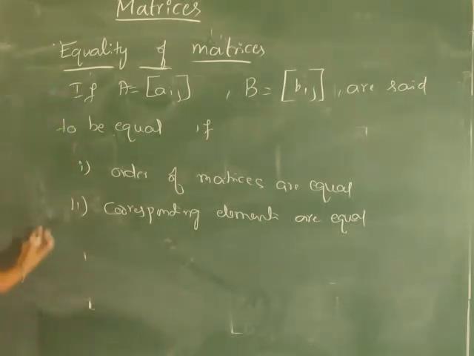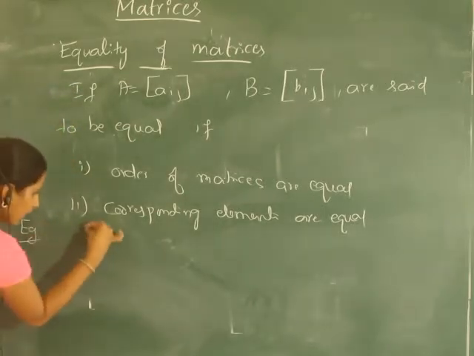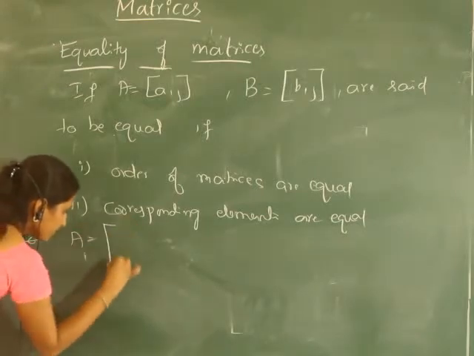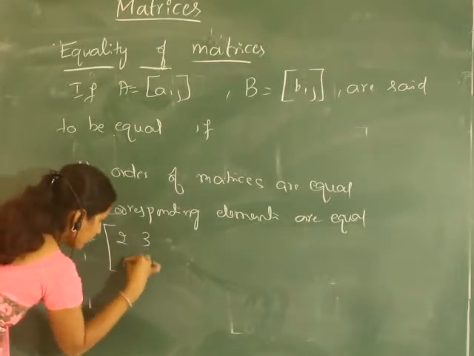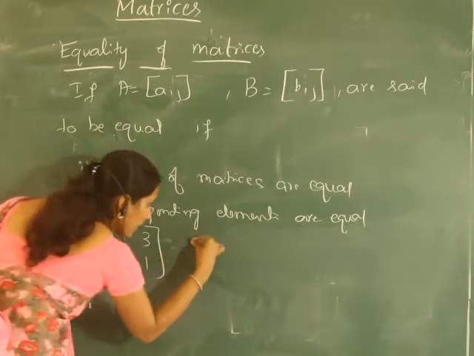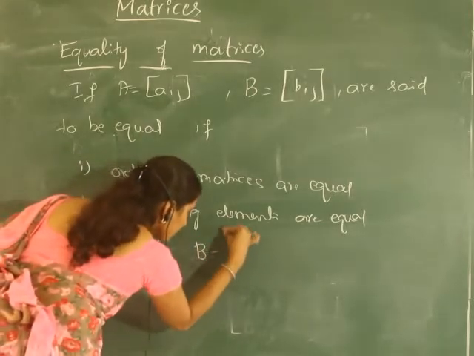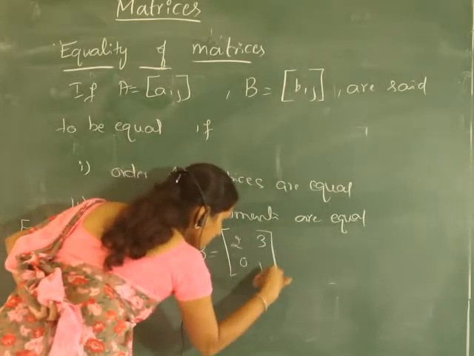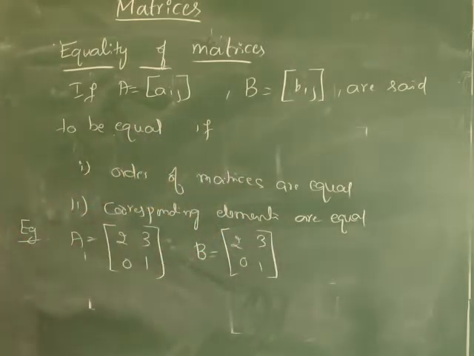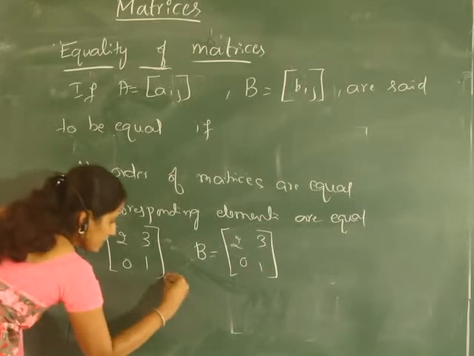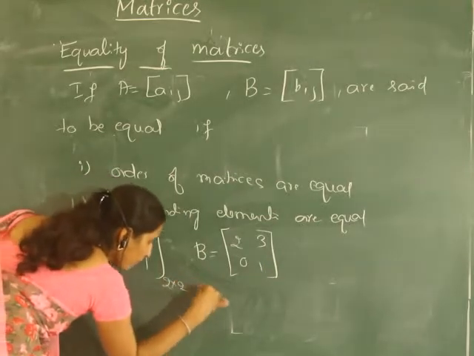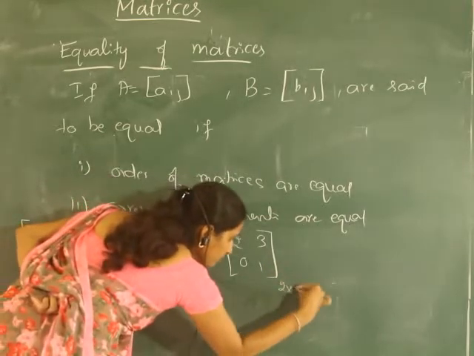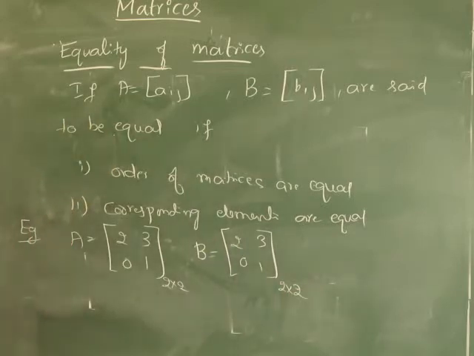So if I consider A and B as any two matrices, for example, I'll take A as 2, 3, 0, 1 and B as 2, 3, 0, 1. Now you can see both matrices are of the same order, 2 by 2 and 2 by 2.